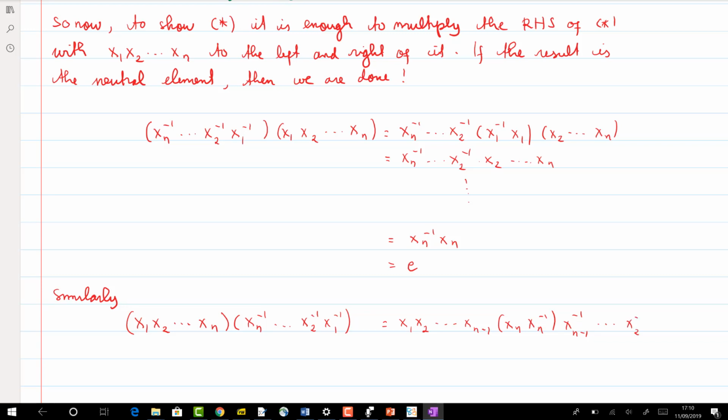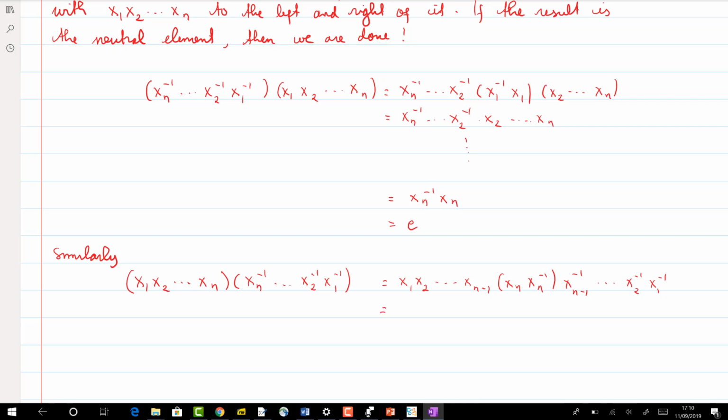And we know any element of a group, if we multiply it with its inverse, we get the neutral element. And anything times the neutral element, so xn minus 1 times the neutral element, is xn minus 1. So we don't really need to write the neutral element explicitly.